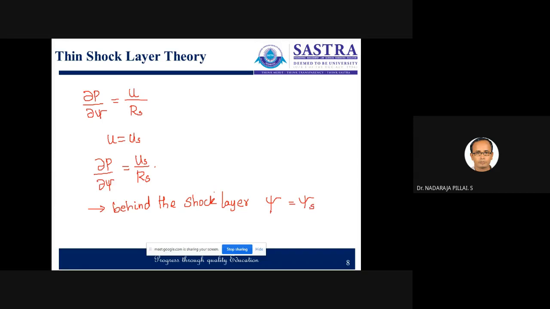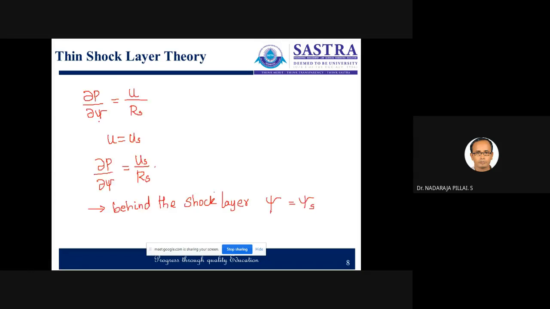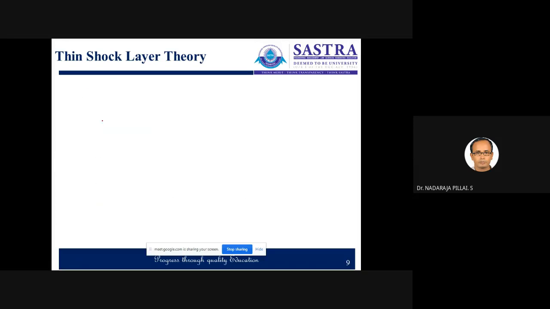So we can write here the equation: we have dou p by dou psi equal to Us by Rs.